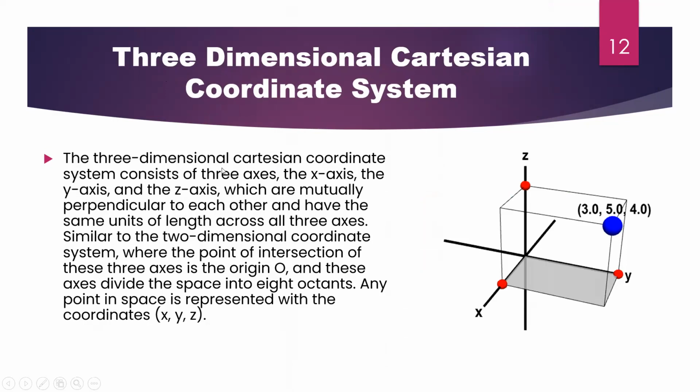The three-dimensional Cartesian coordinate system consists of three axes, the x-axis, the y-axis, and the z-axis, which are mutually perpendicular to each other and have the same units of length across all three axes, similar to the two-dimensional coordinate system, where the point of intersection of these three axes is the origin 0, and these axes divide the space into 8 octants. Any point in space is represented with the coordinates x, y, z.